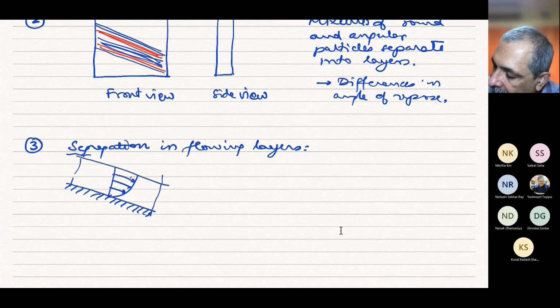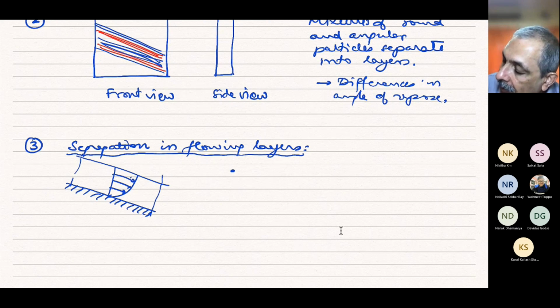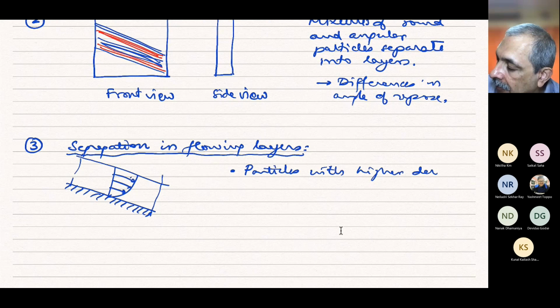Then what you find is, if you have segregation in flowing layers, you find particles with higher density sink in the layer. So that means they have a tendency to move down like this.